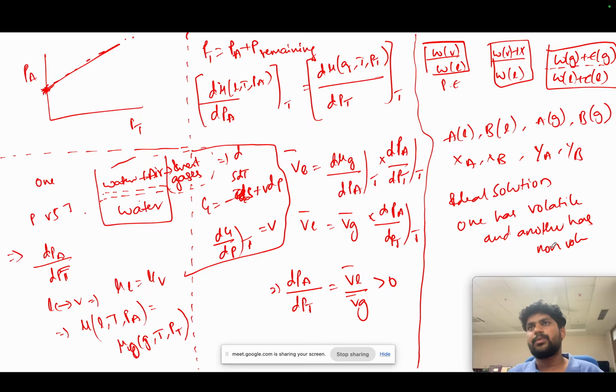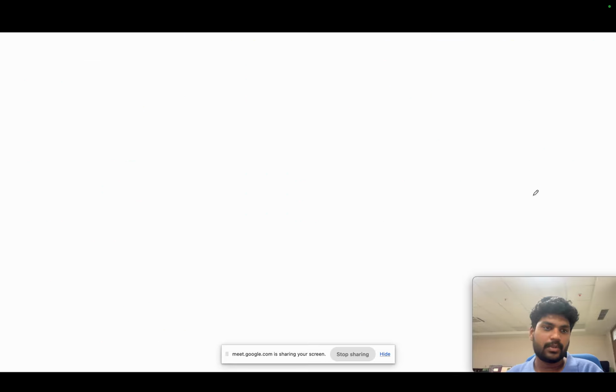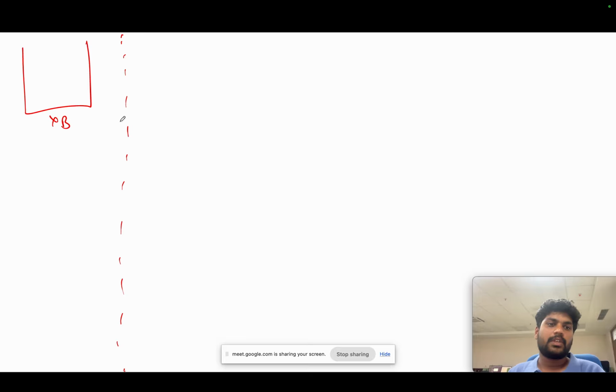You can take the example of sugar and water, salt and water, and this type of example. So what will happen, if I take that example, say initially if I take the mole fraction of sugar, if it is at zero, it will be only the pure species of water.